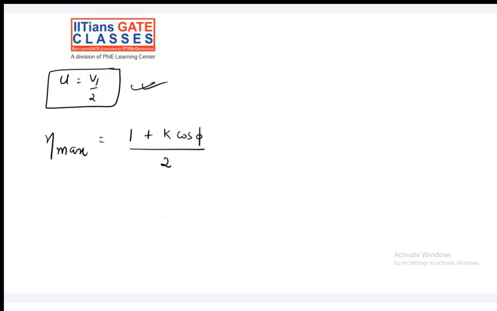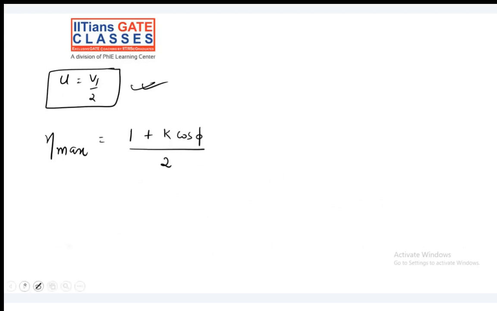So this K came into picture when the vane was rough. If the vane is smooth, then the maximum efficiency you can achieve is 1 by 2. Tell me, yes or no? If this is a smooth vane, then what is the maximum efficiency I can get? This K will become 0. Then the maximum efficiency I can get is 1 by 2, that is 50%.